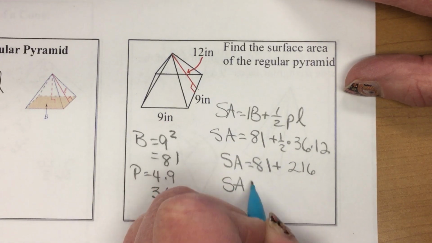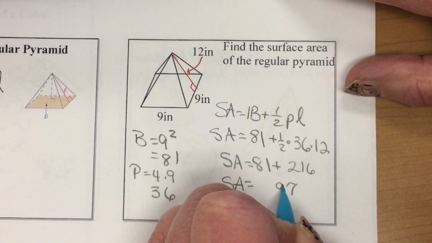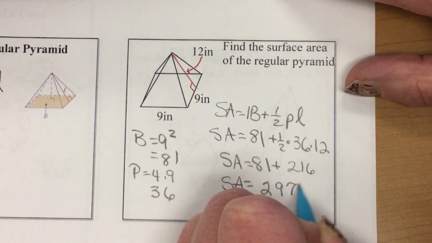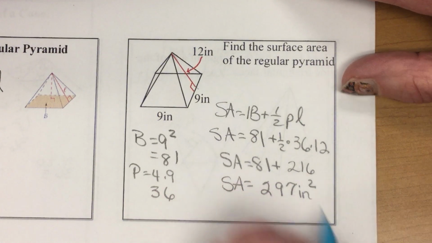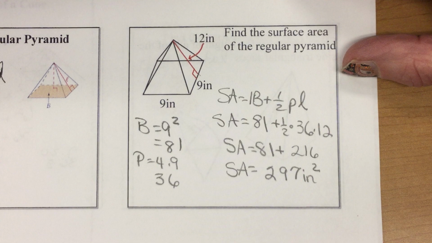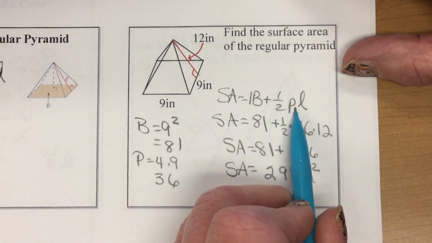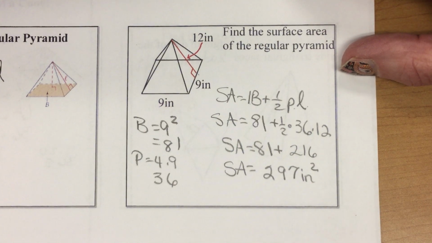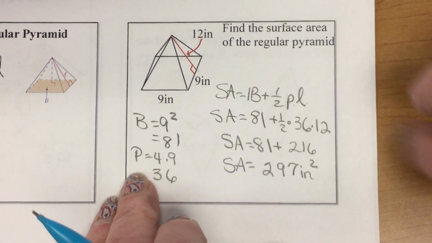So my total surface area, 297 inches squared. 1 capital B plus 1/2 PL. You're just plugging and chugging. Find the numbers, chug and plug them in.